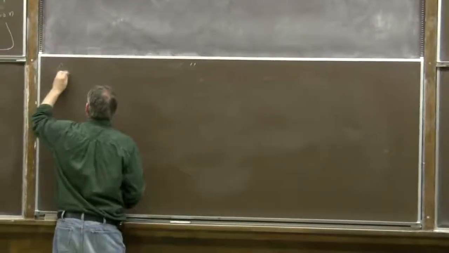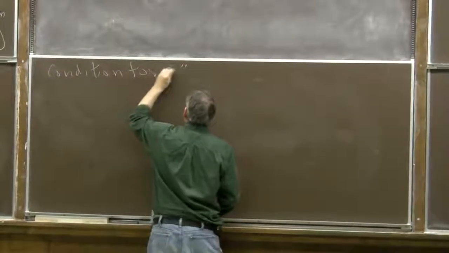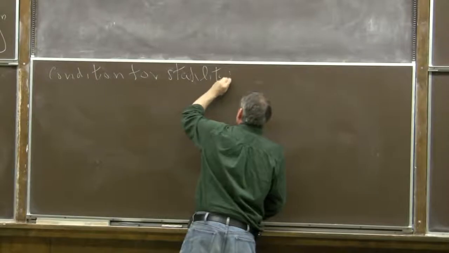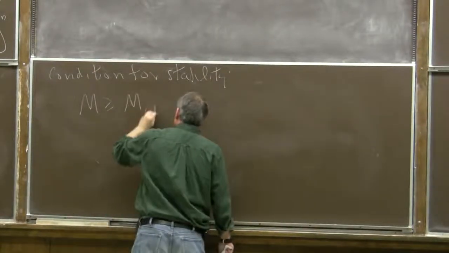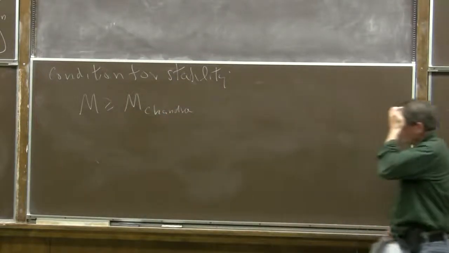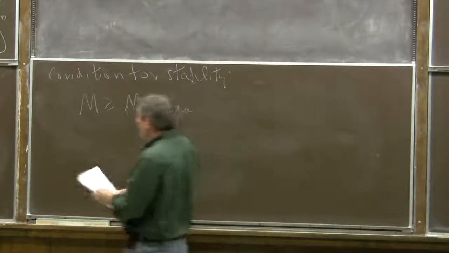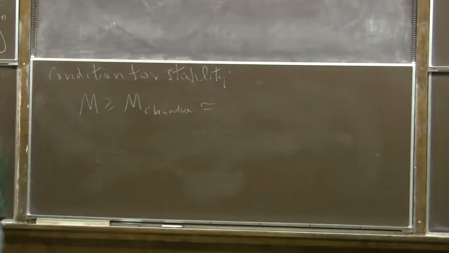So, condition for stability is the mass has to be greater than some value. I'll call it the Chandra mass, which stands for Chandrasekhar, but that's too hard to say, so we call it Chandra. And what is it? Again, up to factors of order 1 that we haven't kept track of.